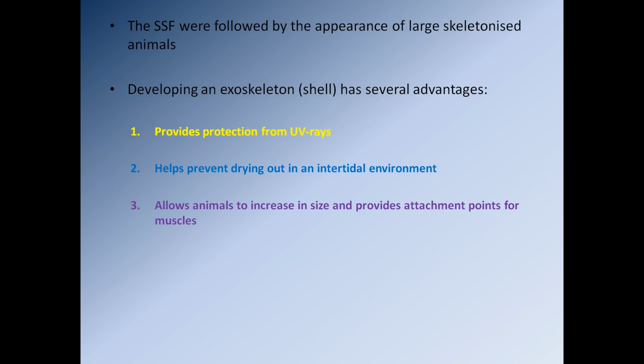Okay? It also provides attachment points for muscles. So when you think of an oyster shell, a nice big heavy shell gives you the capacity to attach big, strong muscles to it. Okay, so imagine a situation where you had an organism like an oyster, and it only had a very, very thin shell, but it had big, powerful muscles. So when it tried to close up the shell, it would pull the two halves of the shell together very, very tightly. And if that shell was very, very thin, well, obviously that shell would then break because the muscles would be so powerful.